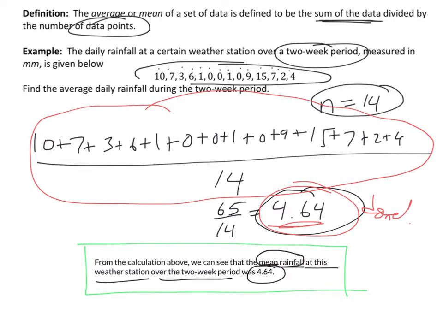Ooh, and I just realized I missed something. We want units here too. People are always asking, do I need to show units? Especially in science, definitely. 4.64 millimeters on average is really different from 4.64 meters or feet or inches. So it's very important that you include that as well. I'm really embarrassed that I didn't put it there to begin with, but oh well, it is what it is.